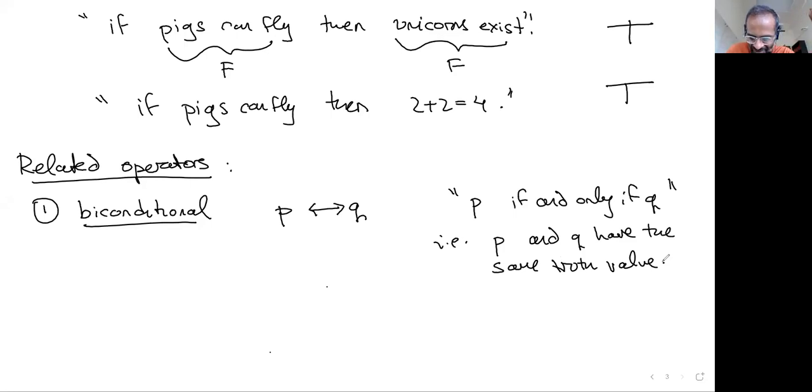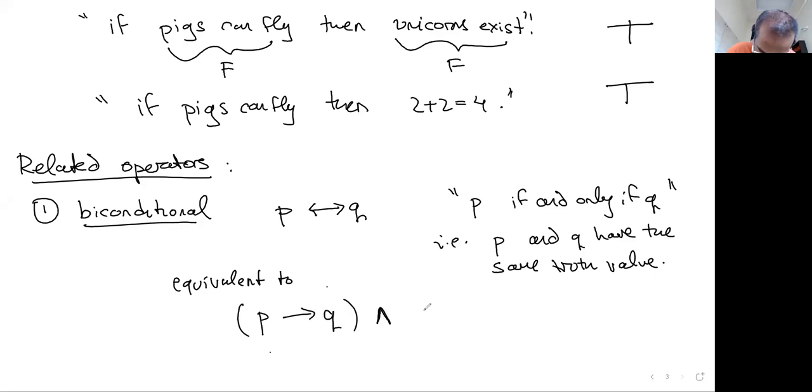This two-way arrow suggests that this has something to do with the single arrow, and we'll show in a moment that this is equivalent to P implies Q and Q implies P. Okay, so I've done something new here, by the way.